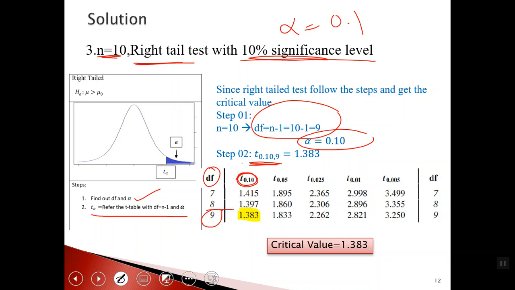What is the intersection point? This one, 1.383. Since this is right tail test, just the value 1.383.